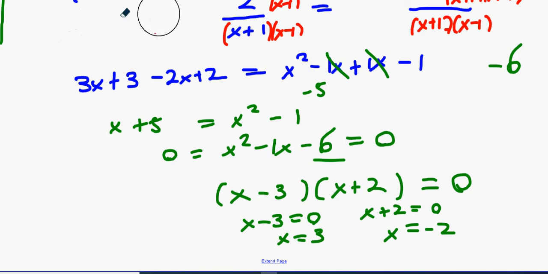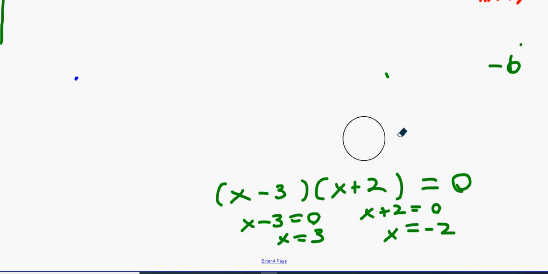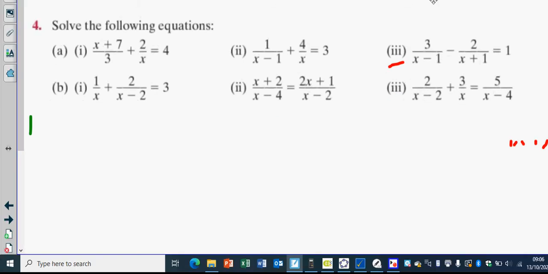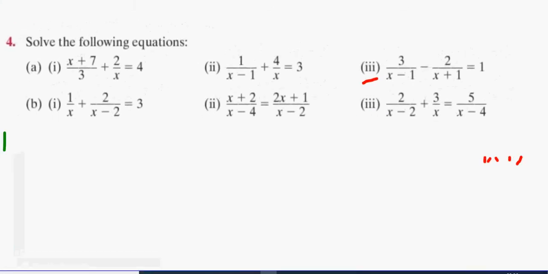Now, for part 3, so 2 over x minus 2. This is a good Leaving Cert ordinary level question, this one.